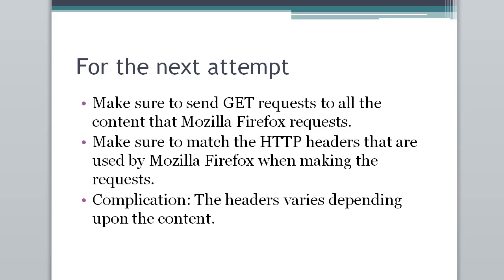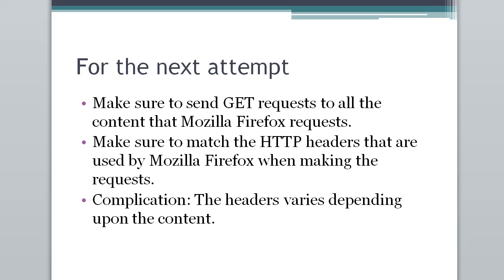The first thing that must be in place is to see that the WebClient retrieves all the content of the page. This is relatively easy to implement. It also needs to have the matching headers when performing the GET request, and this proved to be a bit harder than I expected.